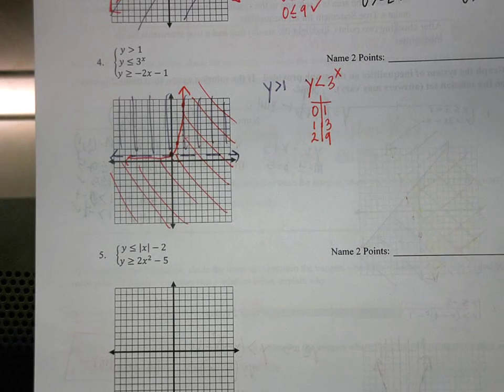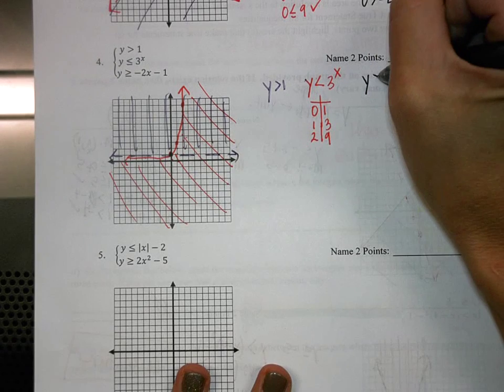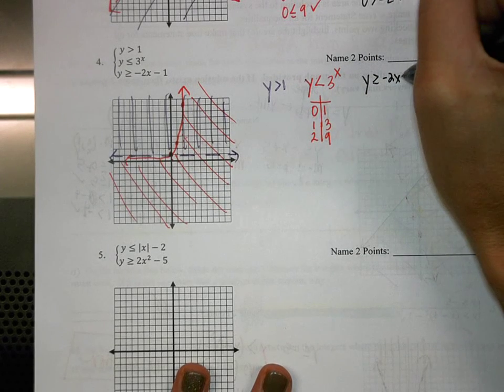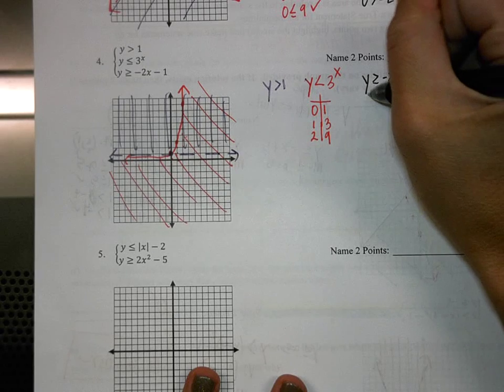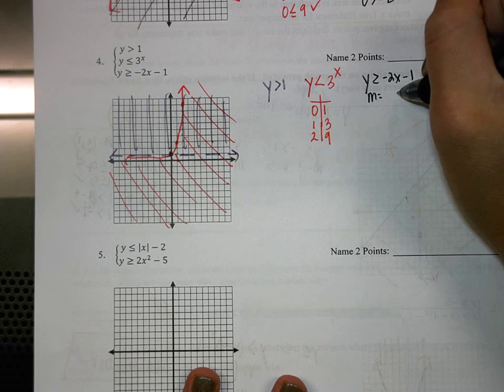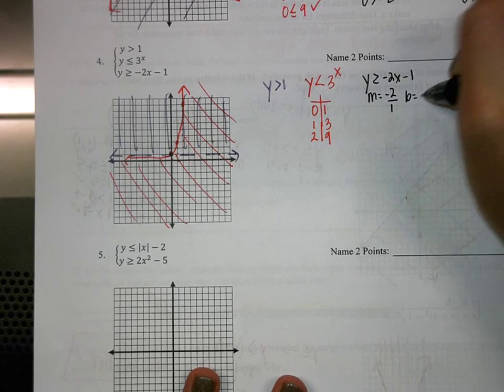All right, and then our last line we have is y is greater than or equal to negative 2x minus 1. This is a linear, good, it's a linear line. Okay, m equals negative 2, I'm going to put that over 1, and my b value is negative 1.